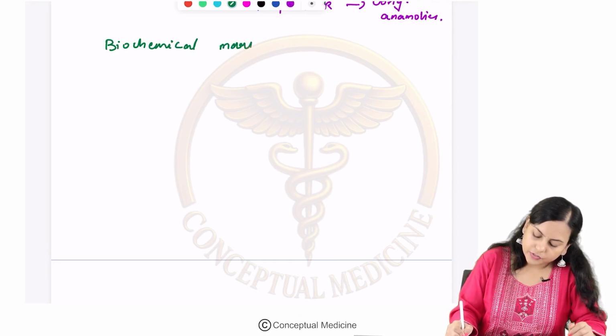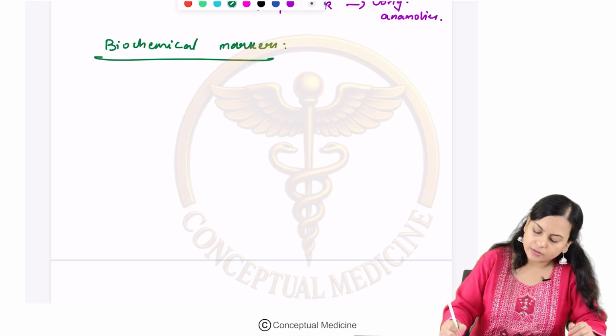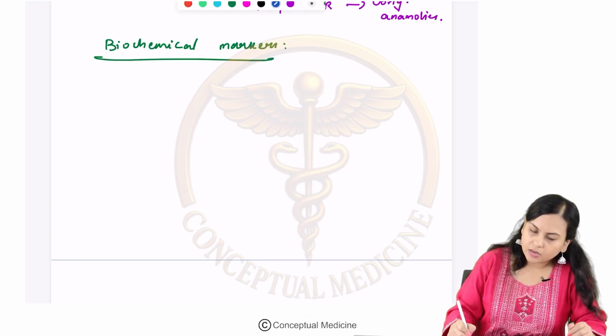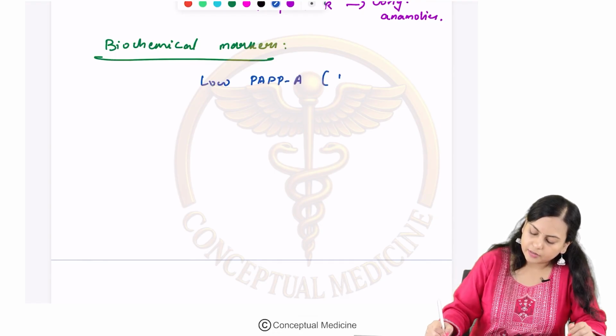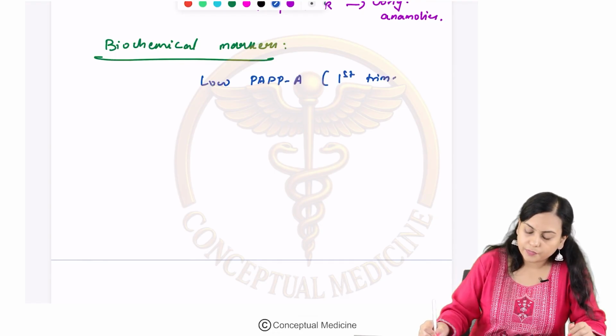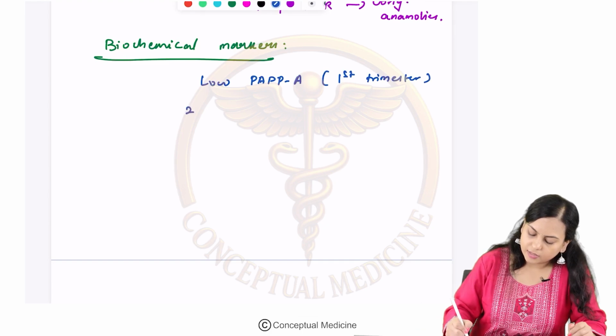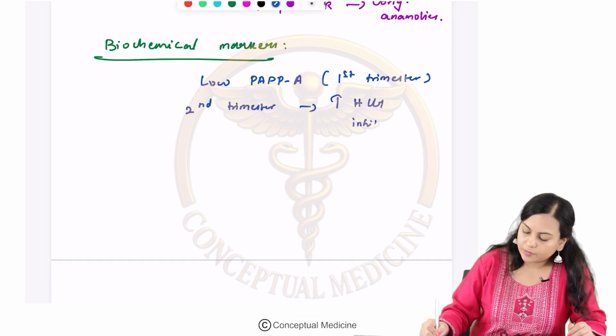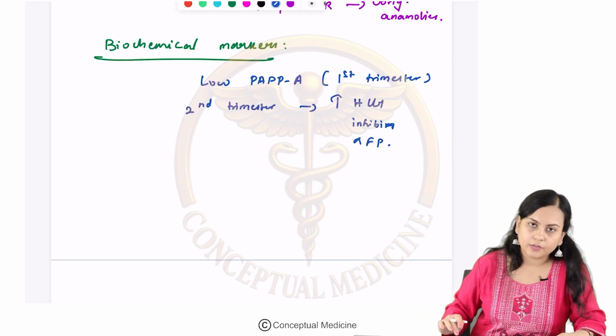Biochemical markers considered high risk include a low PAPP-A value in the first trimester, and in the second trimester increased HCG, inhibin, or alpha fetoprotein values.